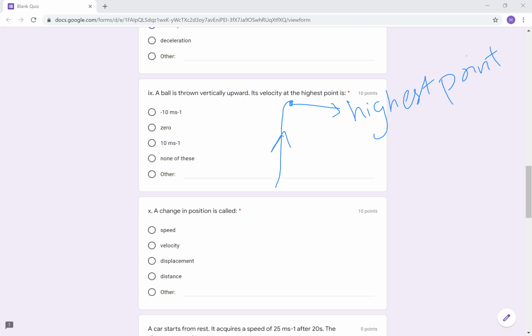But when it reaches the top, its velocity becomes zero, because at the maximum height it will change its direction and try to come back towards the earth. So its velocity becomes zero because it has to turn back. That is why we have chosen the right answer, which is 0 meters per second, because at the highest point the velocity becomes 0.